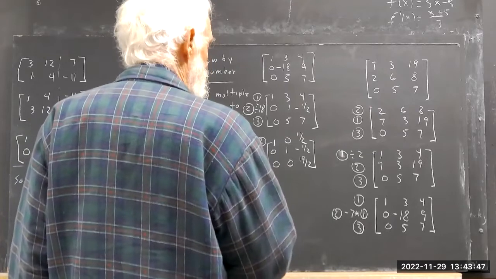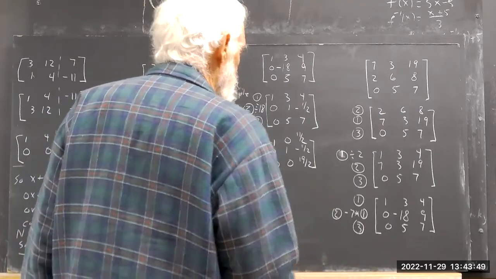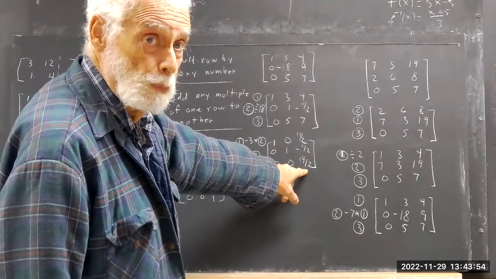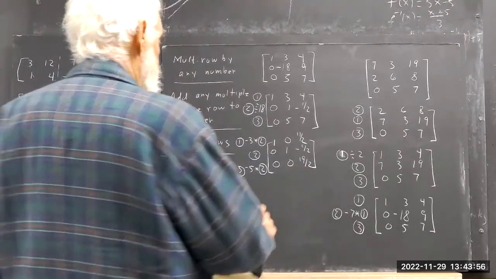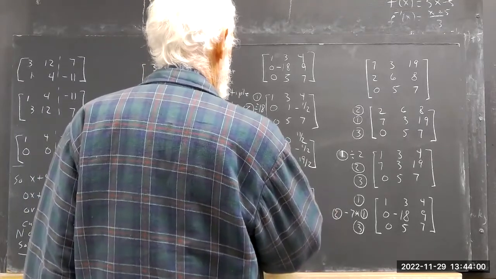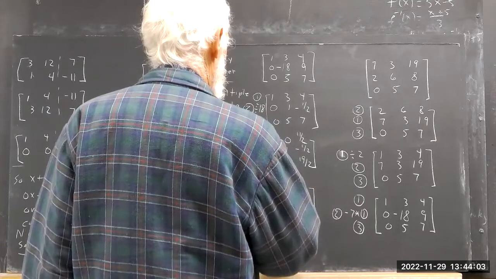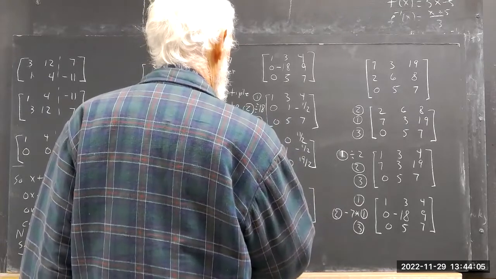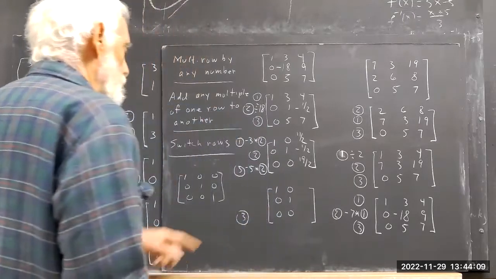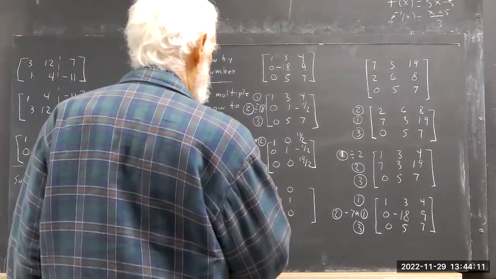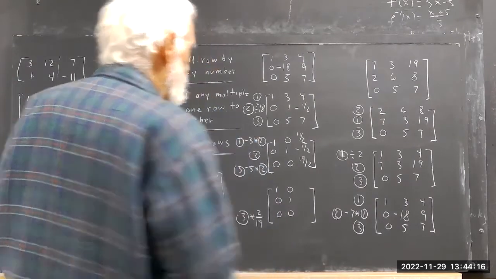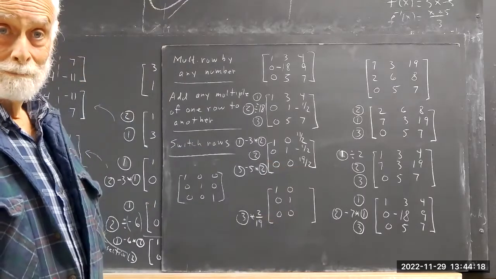Okay. Now we're almost on 3 because we just got to get a 1 there. What operation is going to give us a 1 here? Think about it. I multiply row 3 by the reciprocal of this fraction.